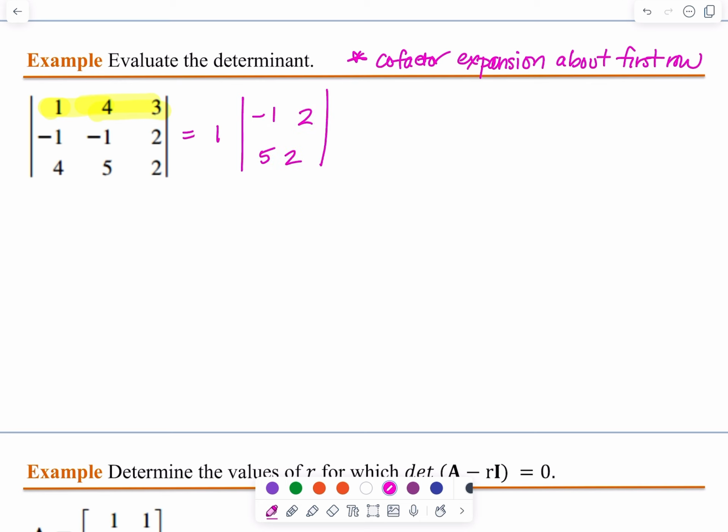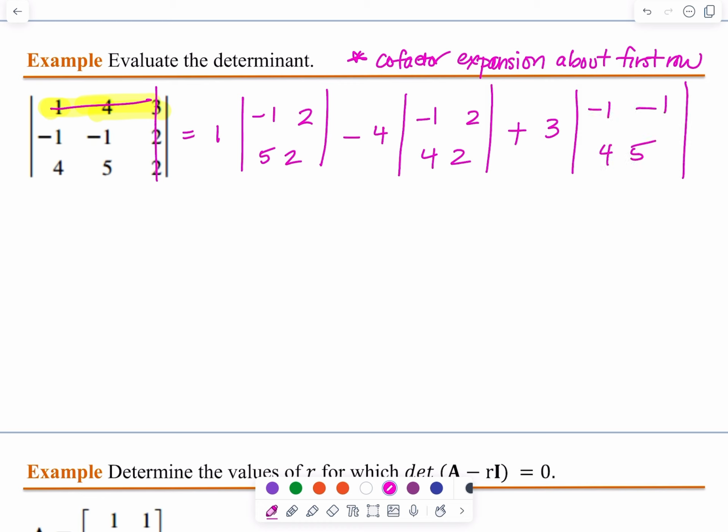Remember, when we have it about this row, we will eliminate this, and this will be our determinant. Now we're going to subtract 4, and now we will eliminate that row, and we will have negative 1, 2, 4, 2, and then we will add 3 multiplied by negative 1, the determinant of that 2 by 2 matrix.